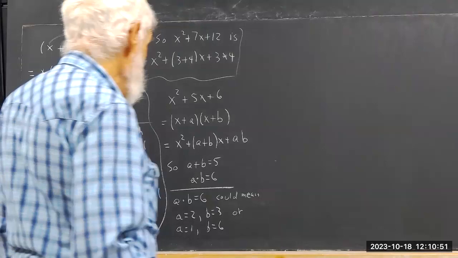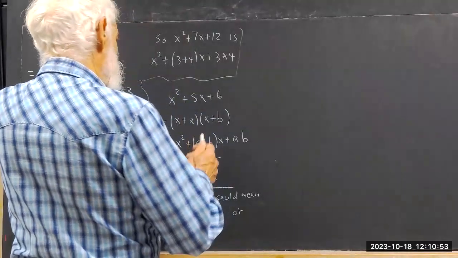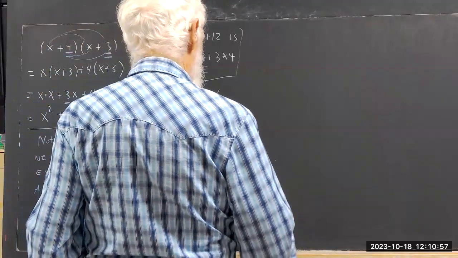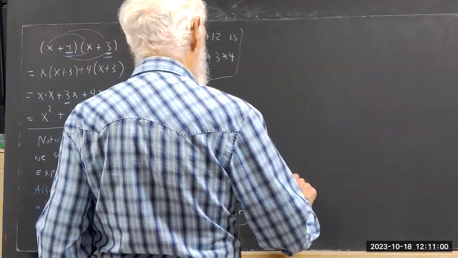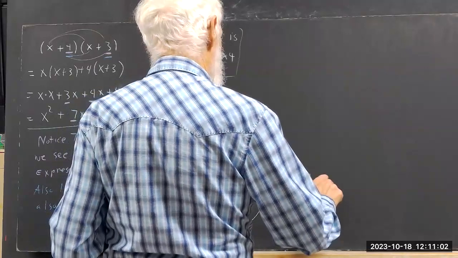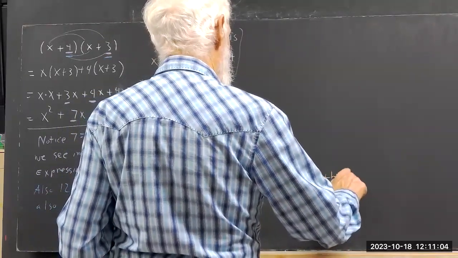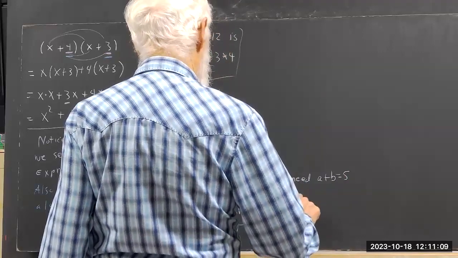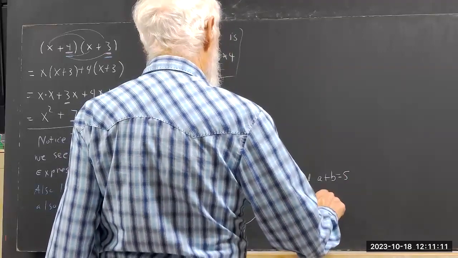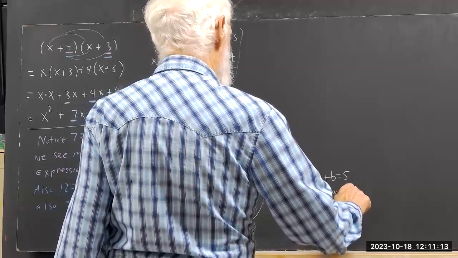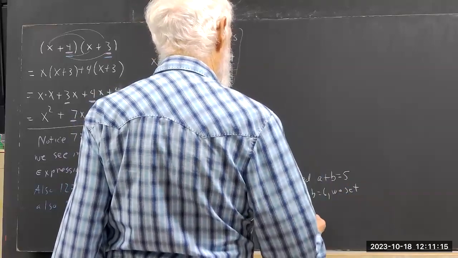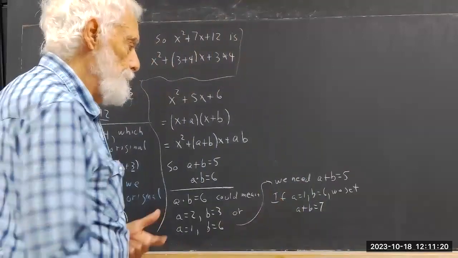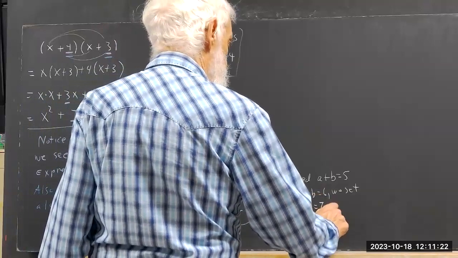Okay. So if a is 1 and b is 6, we get a plus b is 7.